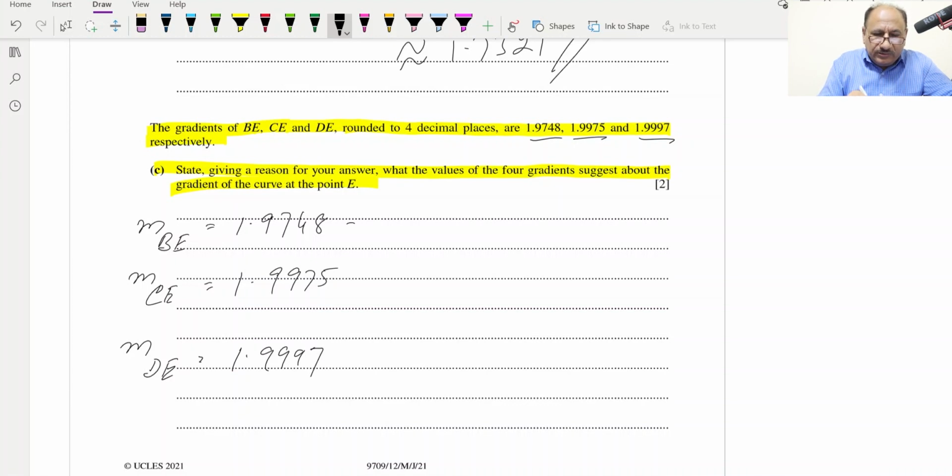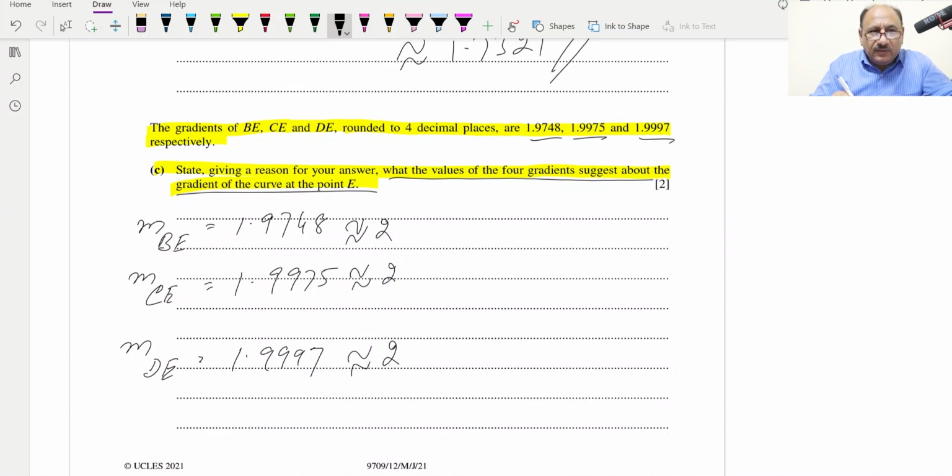If we round them, we can write the rounded answer: this one will be rounded to 2, this one also can be rounded to 2. So, state, giving your reason, what the values of the four gradients suggest about the gradient of the curve at point E.